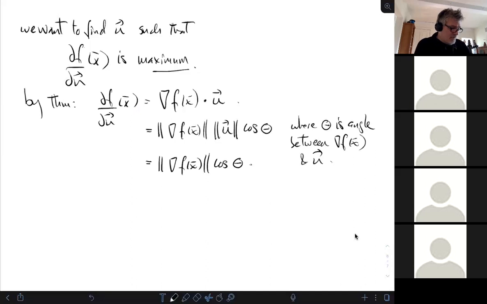And I want this, so when is this maximum? Well, the length of the gradient is non-negative, right? So the way to make this as big as possible is to make the cosine as big as possible. So make cos theta as big as possible.